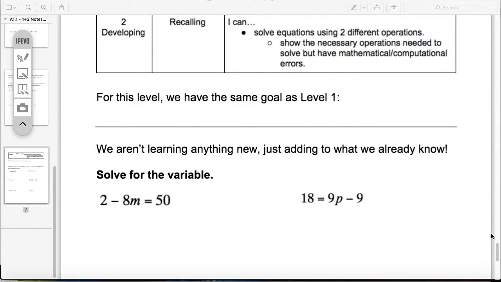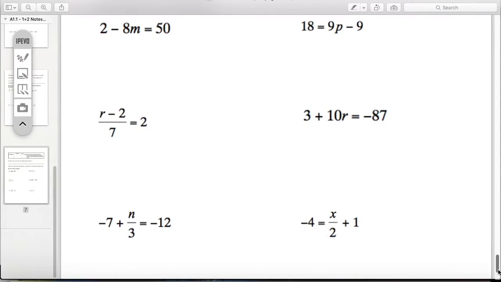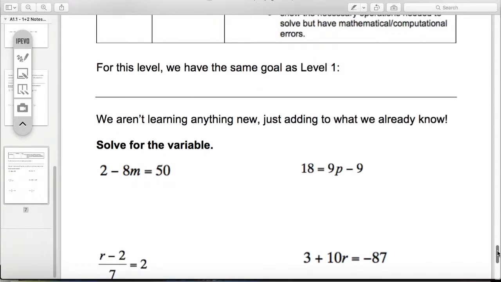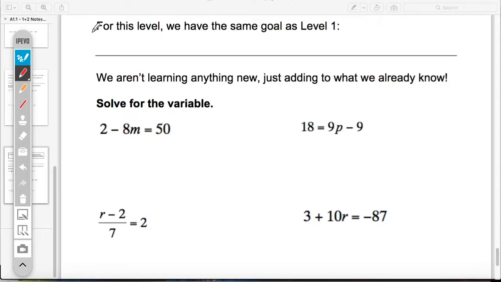Scroll down a little bit. Okay, so we're still going to solve for the variable. So that's our main goal. So as we said earlier in the video, our main goal for level 1 was to isolate our variable to get a solution. So same thing for this level. We have the same goal.